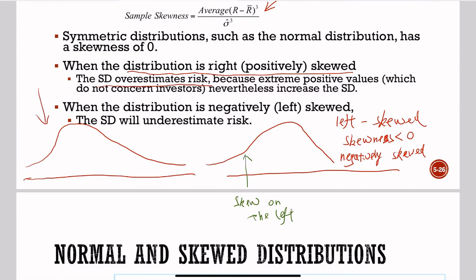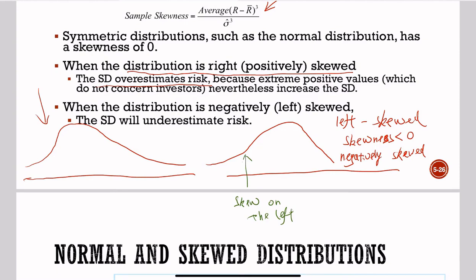Standard deviation measures average deviation, and this average deviation measures both positive deviation and negative deviation. So when you're calculating standard deviation, it will also include positive deviations. But if you're an investor, you do not consider positive deviation as a risk. It is a reward, right?